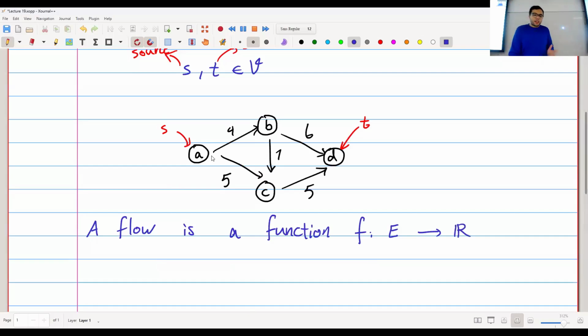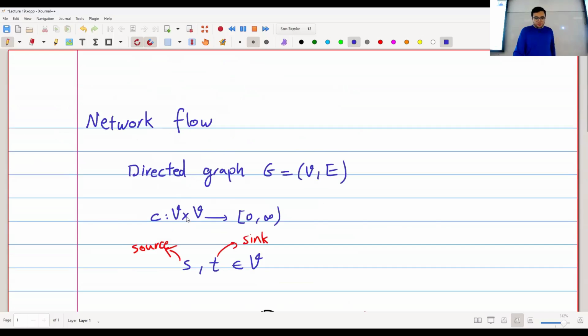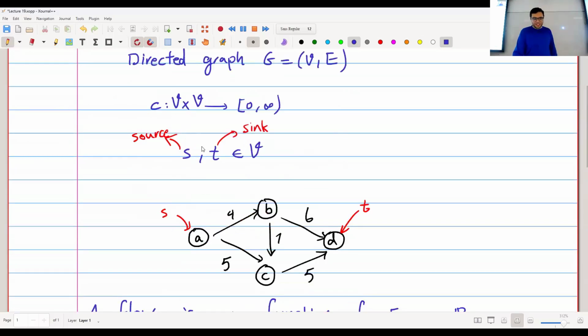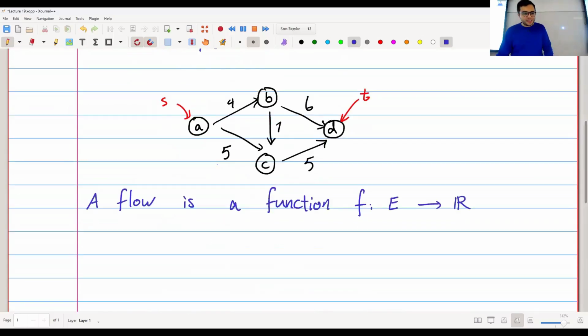Okay. But just like before, I don't like to work with edges. I prefer to work with pairs of vertices. So let's say that my function actually takes two vertices. Okay. So basically, f of uv is the flow from u to v.